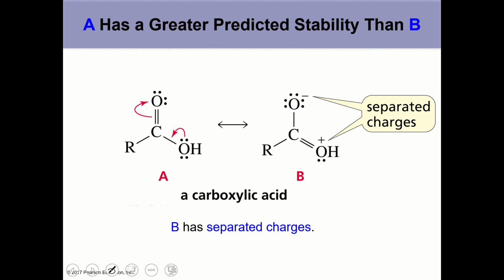Comparing molecule A to molecule B. Molecule A is a better resonance contributor because molecule B has separated charges, and it also has a positive charge on a more electronegative atom.